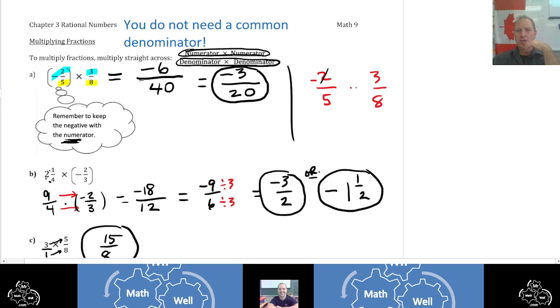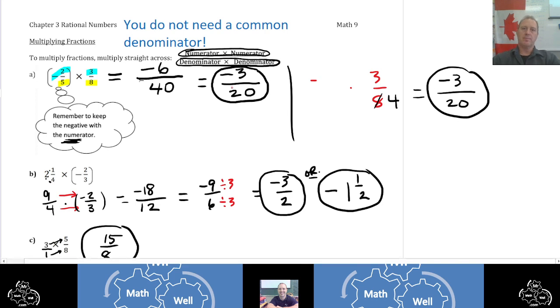Because 2 and 8 can be simplified. 2 divided by 2 is 1, 8 divided by 2 is 4. You see that? So now what I have is negative times 3, that's just -3, and 5 times 4 is 20. And so my simplification is already done for me.